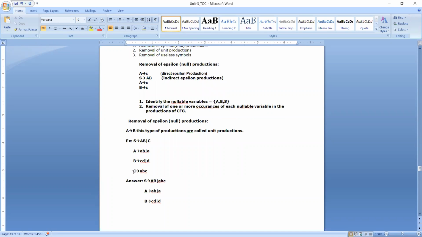The reason I am removing production C from my answer is that, apart from this unit production, C is nowhere involved in your productions. That is the reason why I am going to remove this unit production.